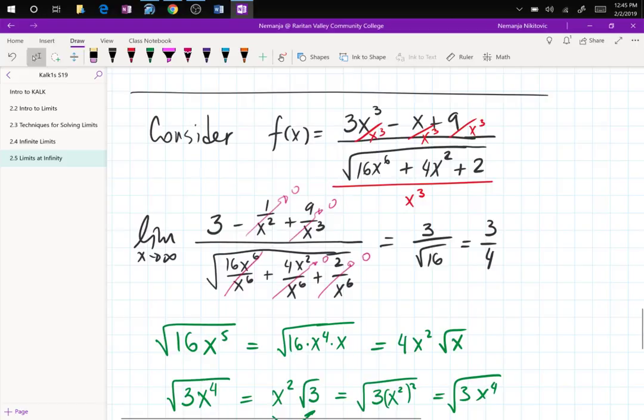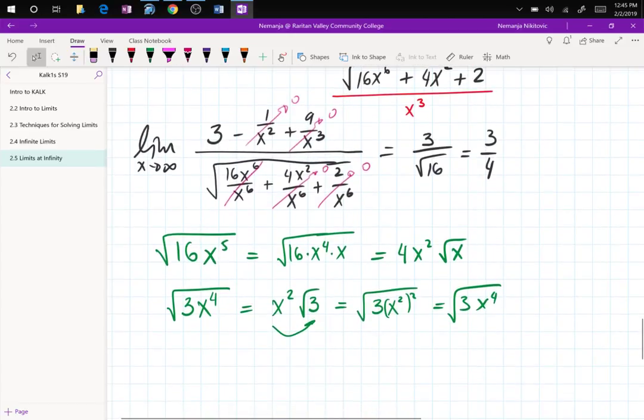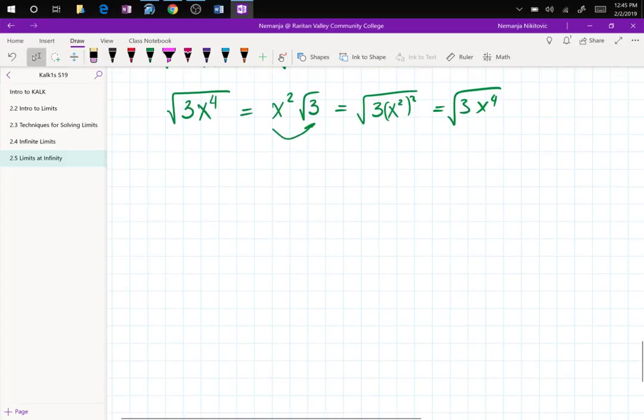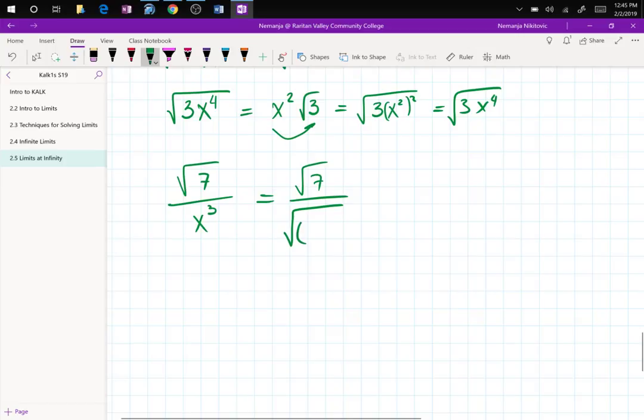I need to stuff this x cubed inside the square root, so it becomes doubled. Let's check. If I have square root of 3, let's not use 3, let's use 7, divided by x cubed, and I want to extend the square root, the way I would extend the square root would be to say, okay, I'm going to take a square root of something squared, right?